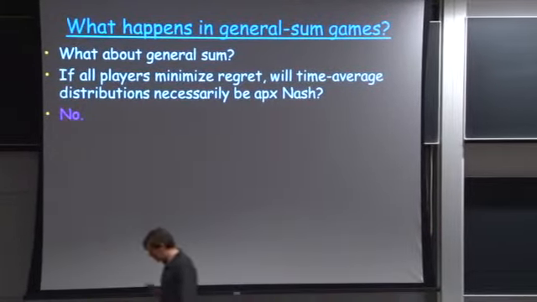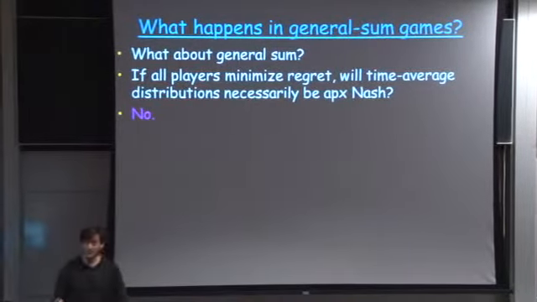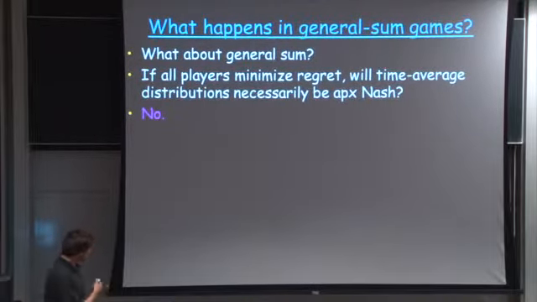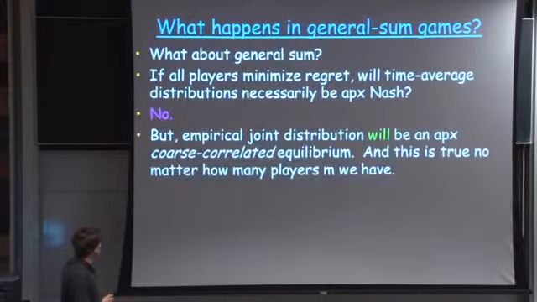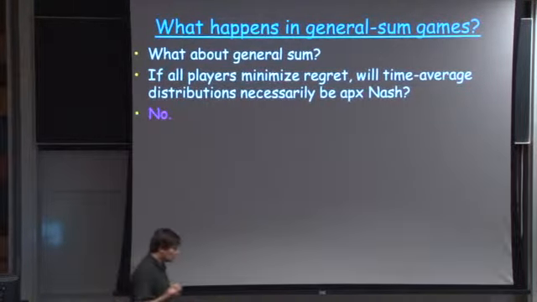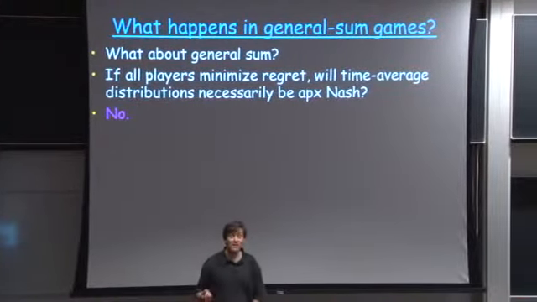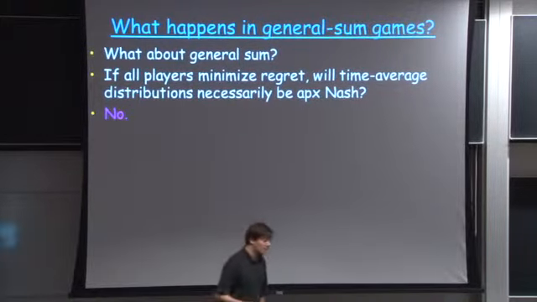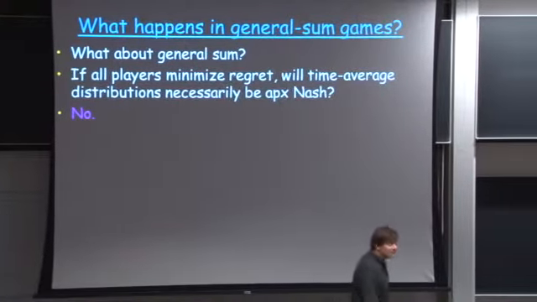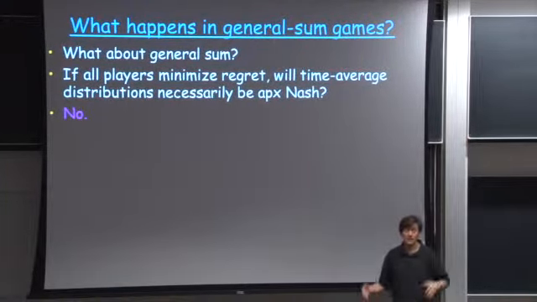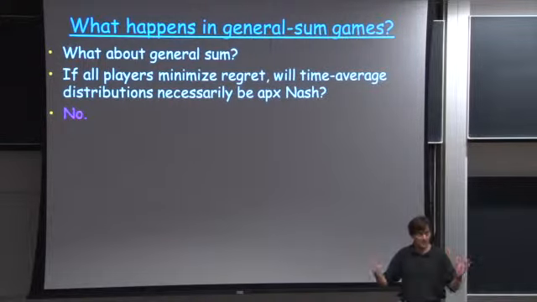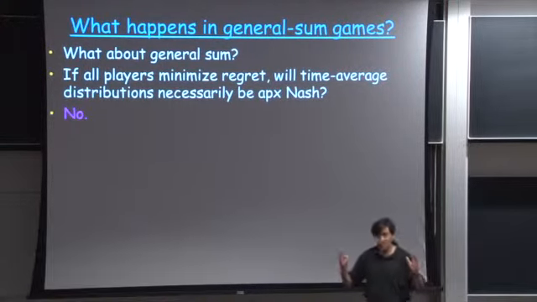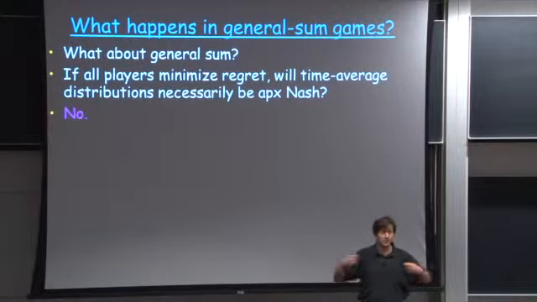You can give some nice examples of this, but I'm not going to do that. But you really wouldn't expect that to be true, because as we saw from Costas' talk, even in two-player games it's hard to find an exact or even approximate Nash equilibrium, even given a centralized algorithm that's given the whole matrix as input and gets to crunch on it.